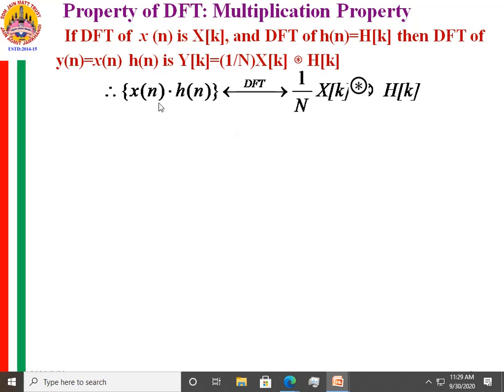So I here say that the DFT of x of n into h of n is 1 by N, X of k circularly convolved with H of k.